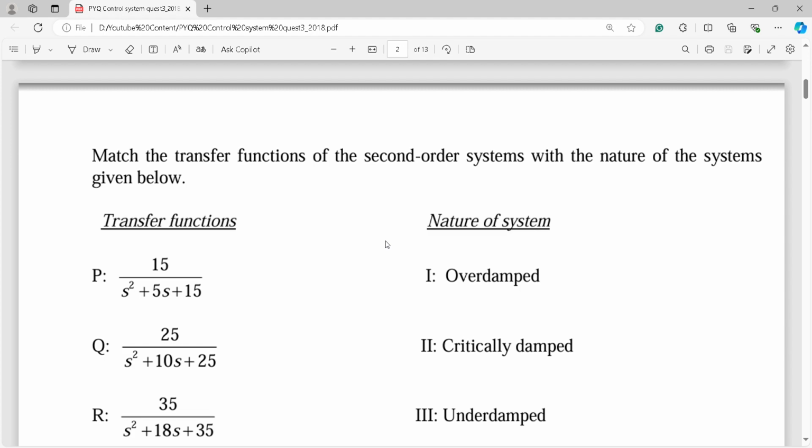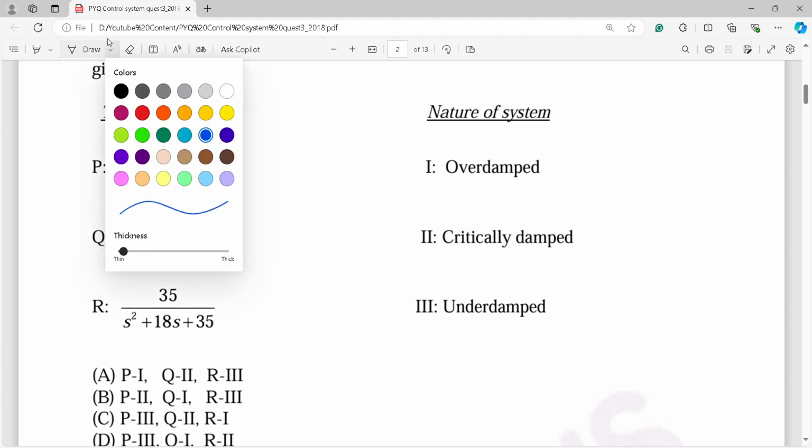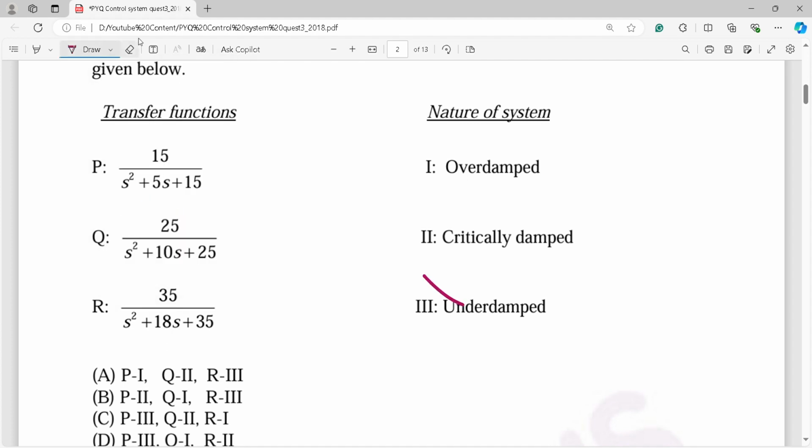They have given the transfer function and they are asking about the nature of the system, how the system would behave, whether it is an overdamped system, a critically damped system, an underdamped system, and one more, an undamped system. This is also oscillatory in nature, but here they are talking about overdamped, critically damped and underdamped systems.